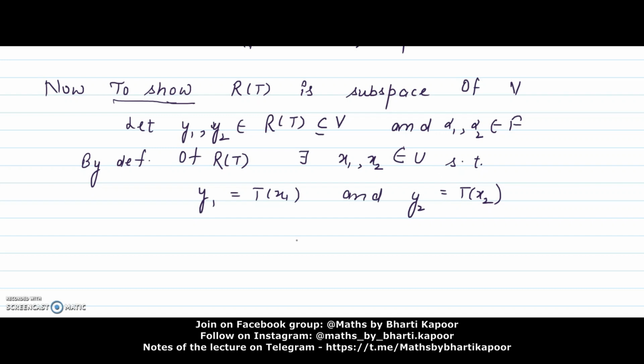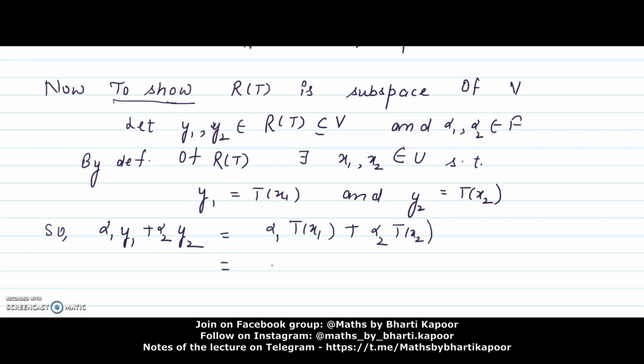So alpha 1 y1 plus alpha 2 y2 should belong to RT to prove that RT is a subspace. So let's see. Alpha 1 y1 plus alpha 2 y2 can be written as alpha 1 Tx1 plus alpha 2 Tx2.